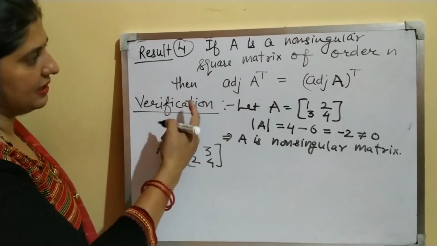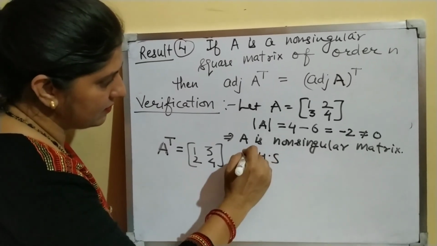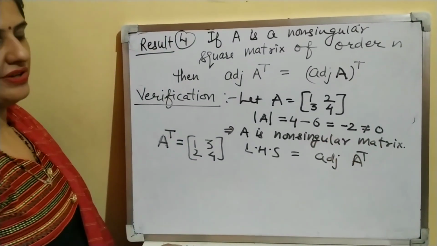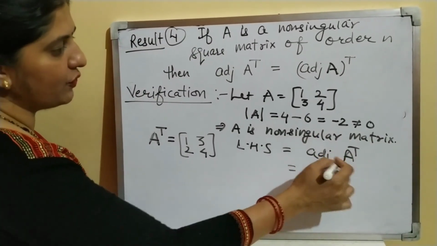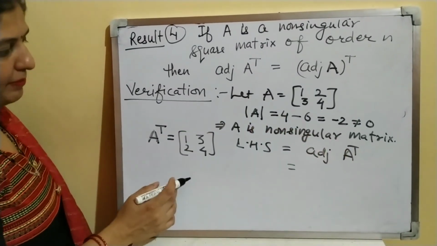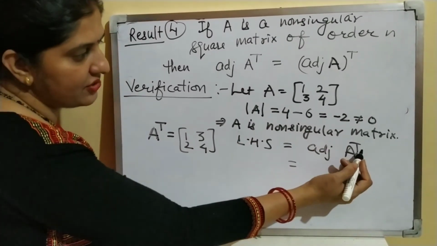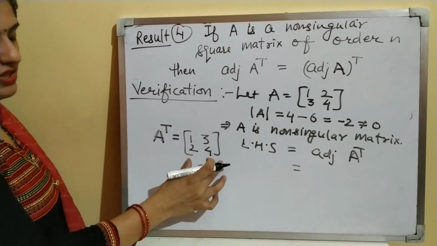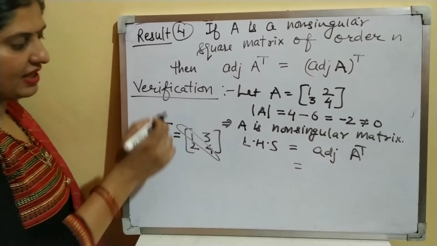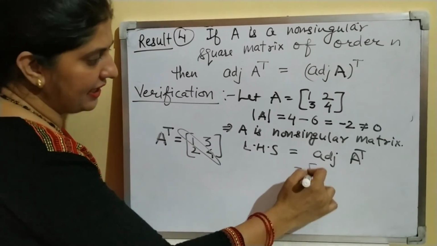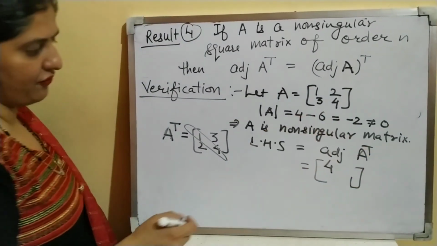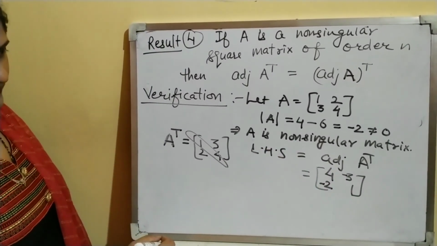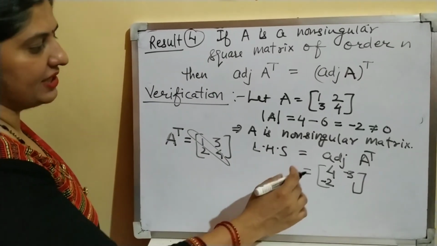Now calculate the left hand side, which is the adjoint of the transpose of A. So we have to calculate the adjoint of the matrix given by the transpose of A. For finding the adjoint, just interchange the diagonal elements, we get 4, 1, and change the sign of the non-diagonal elements. In this way, we calculate the left hand side.